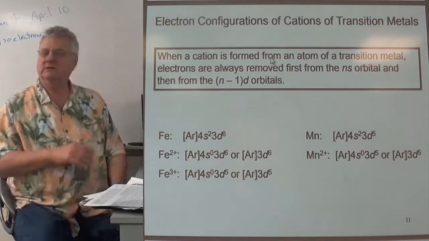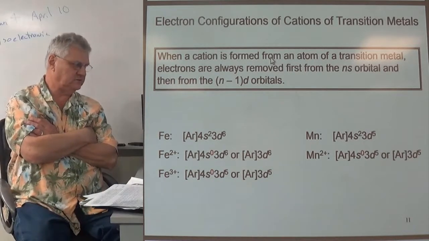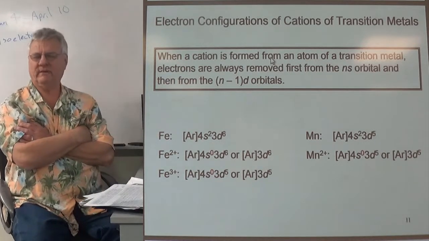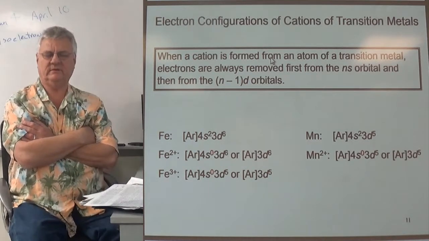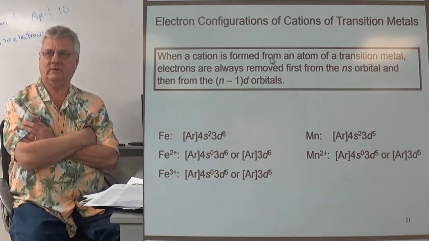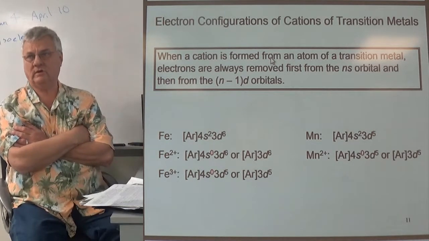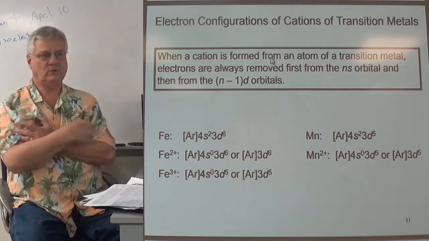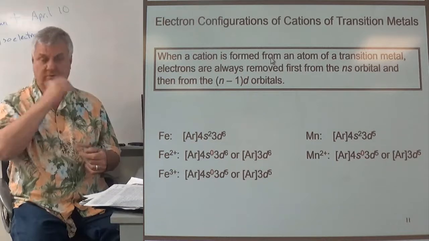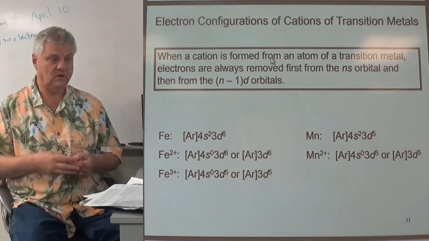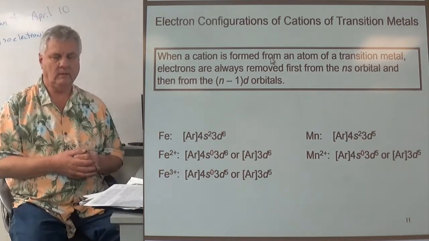Now, transition metals, there won't be any questions on the exam about ions that are formed by transition metals. I think earlier we mentioned that there's really no easy rules for predicting what ions are formed by the transition metals. And some of the transition metals form more than one cation. That's why we need the stock system to name those compounds, because copper can form an ion with a +1 charge, copper can form another ion with a +2 charge.